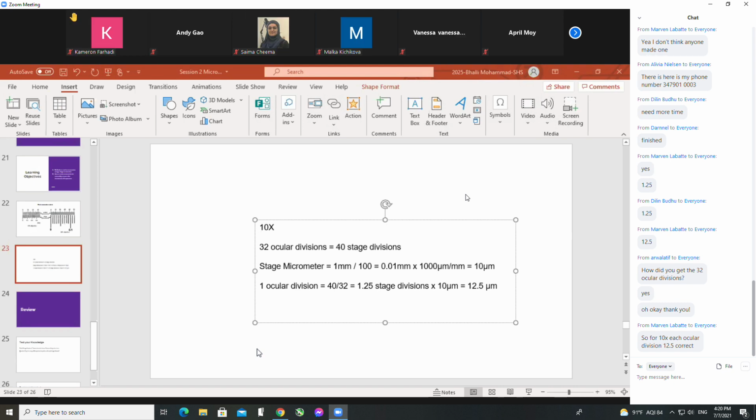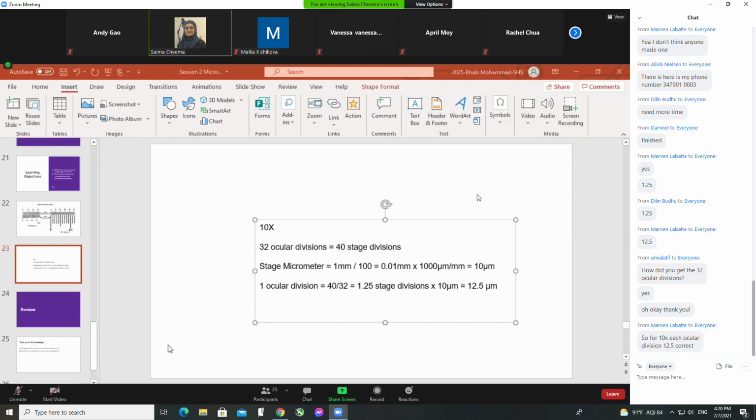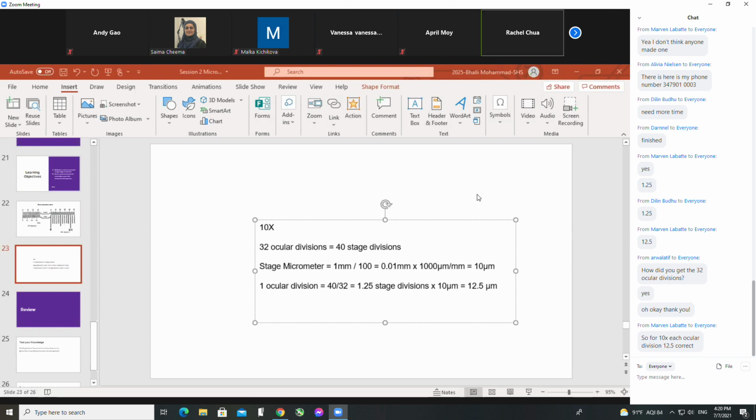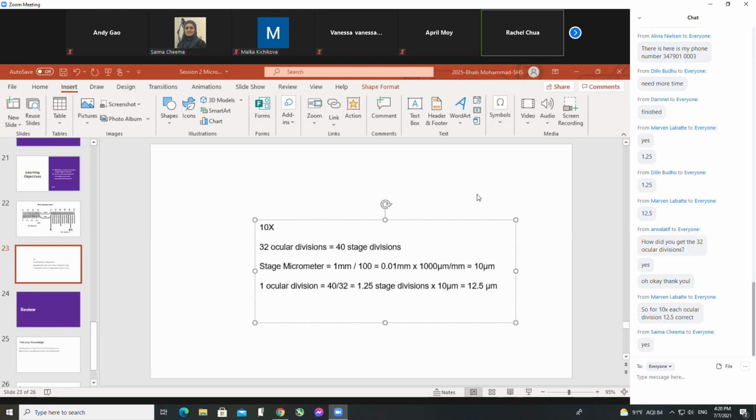Professor, for the stage micrometer, on 10x, 40x, and 100x, is it fixed, not changed, right? It's also 10 micrometers? No, for each objective lens it's going to differ.